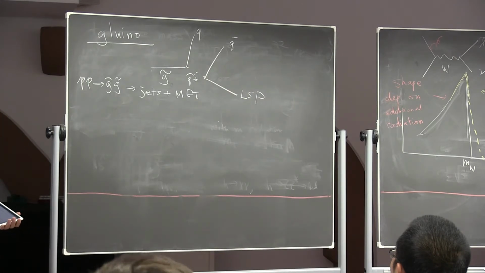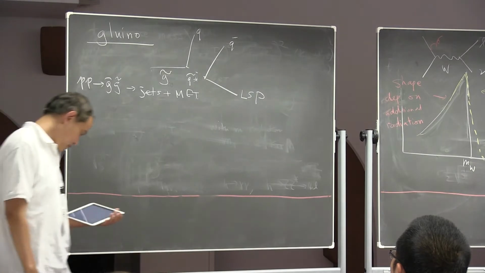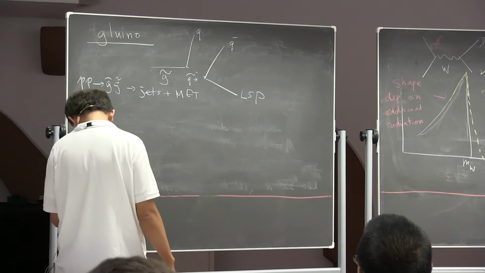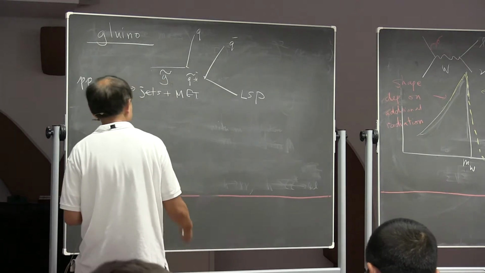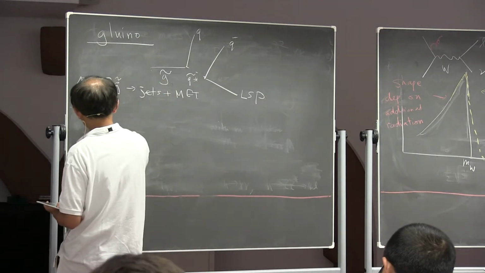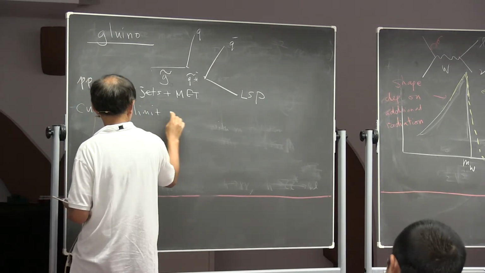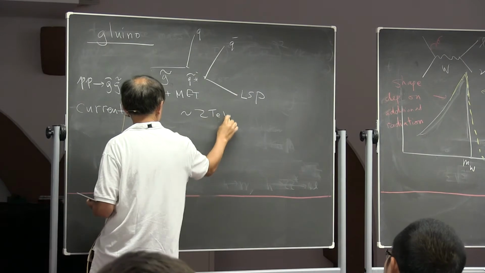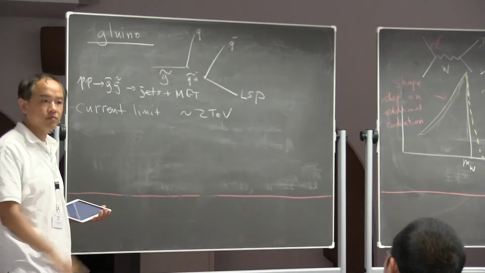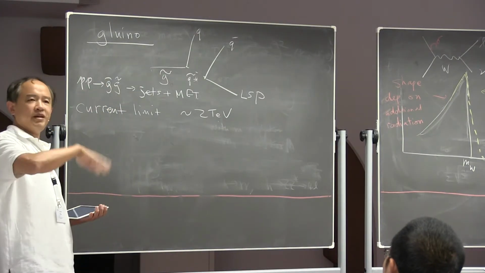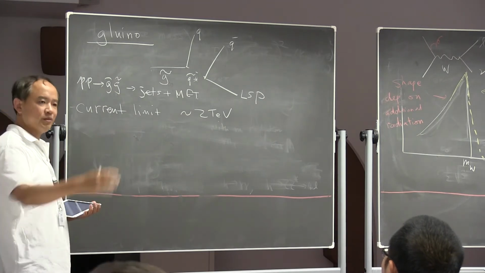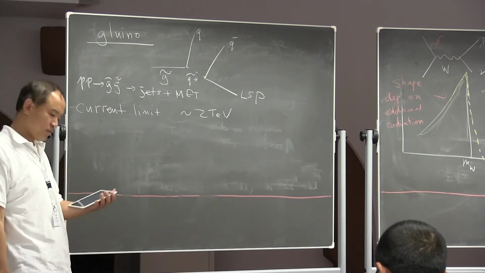That's the channel that you look for: hard jets plus missing energy. And the current limit is about 2 TeV on the gluino. It depends on where you are, but roughly speaking, it's 2 TeV.